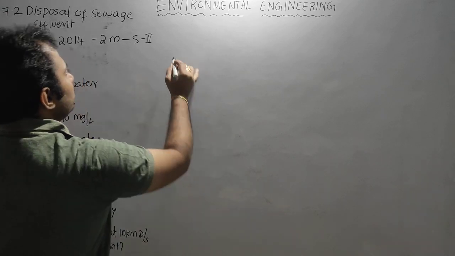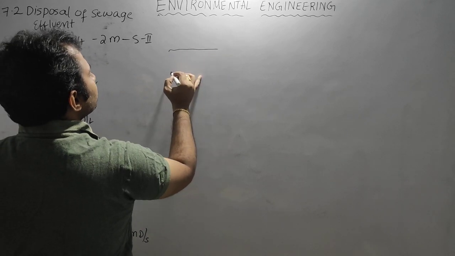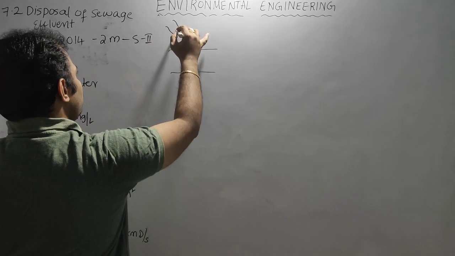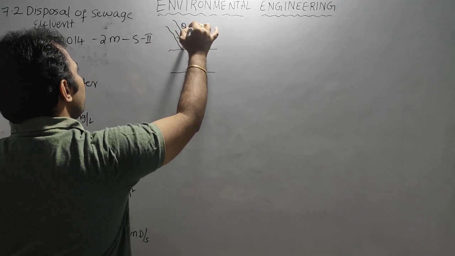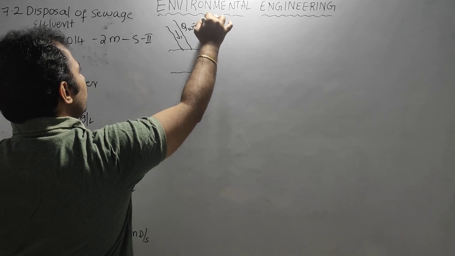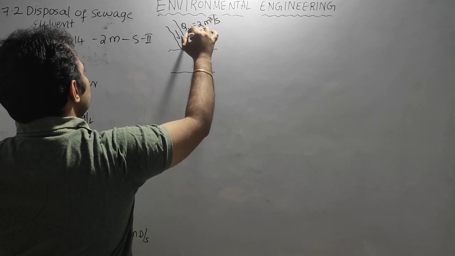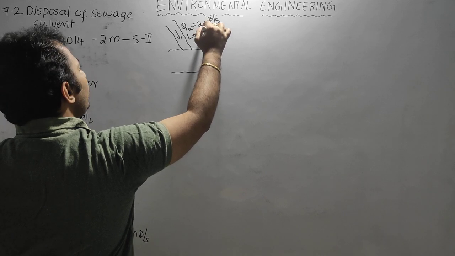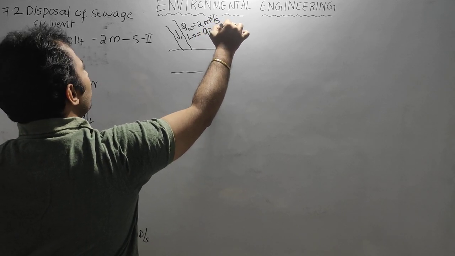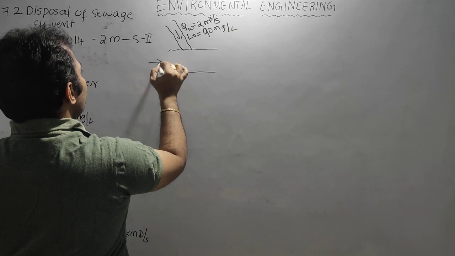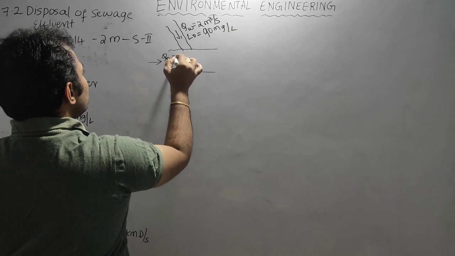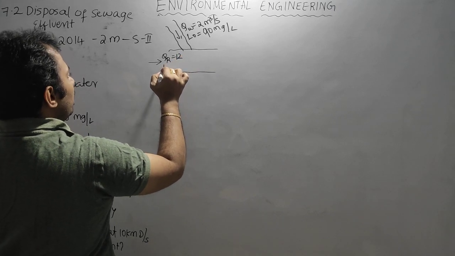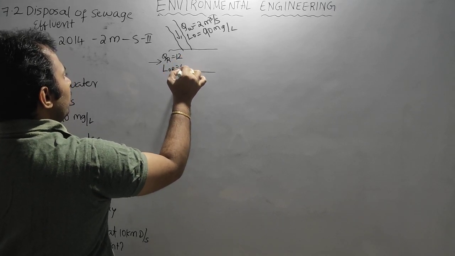See, this is a river, and this is a wastewater stream. The wastewater stream has QW of 2 meter cube per second and L0 of 90 mg per liter. For the river, QR is 12 meter cube per second and L0R is 5 mg per liter.